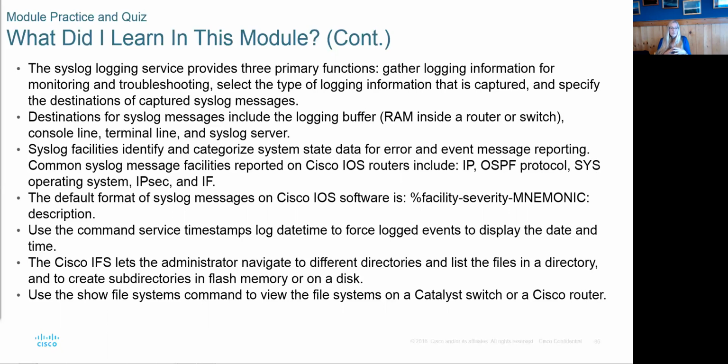We want to send all of our log files to a specific syslog server so that we can manage and maintain them properly. Once again, that's another reason to have time stamping on, so that you can see what's going on across your network just by seeing what time things happened.